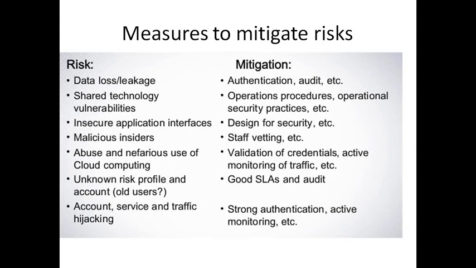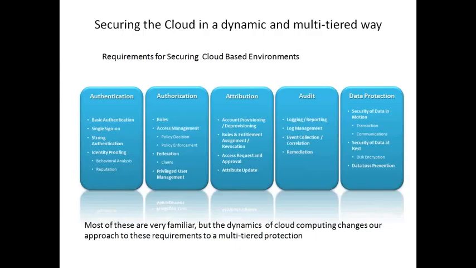And this is the reason why the cloud would not work if we use a static and one-tiered security. It needs a very dynamic way of managing. It needs a multi-tiered way of managing the security risk. If we want to secure the cloud in a dynamic and multi-tiered way, the requirements would be authentication, authorization, attribution, audit, and data protection.